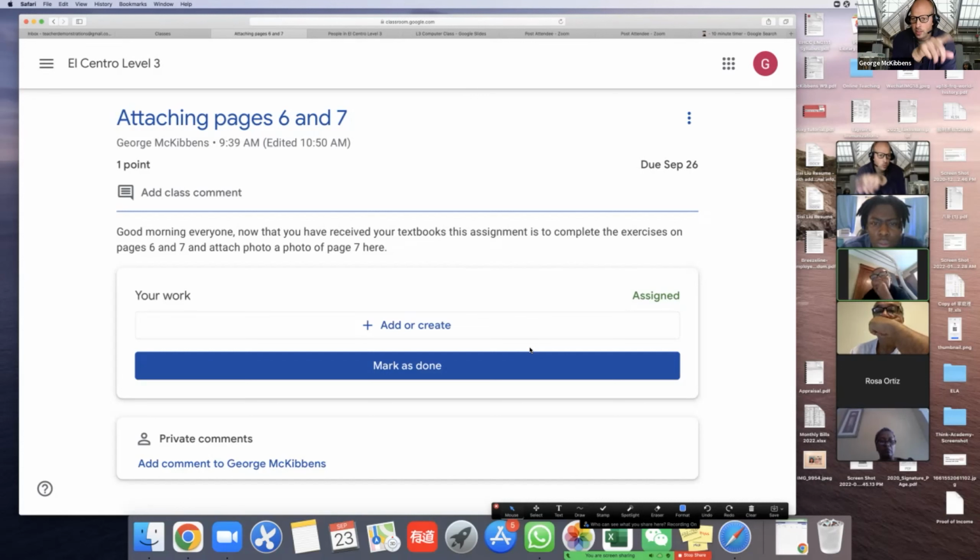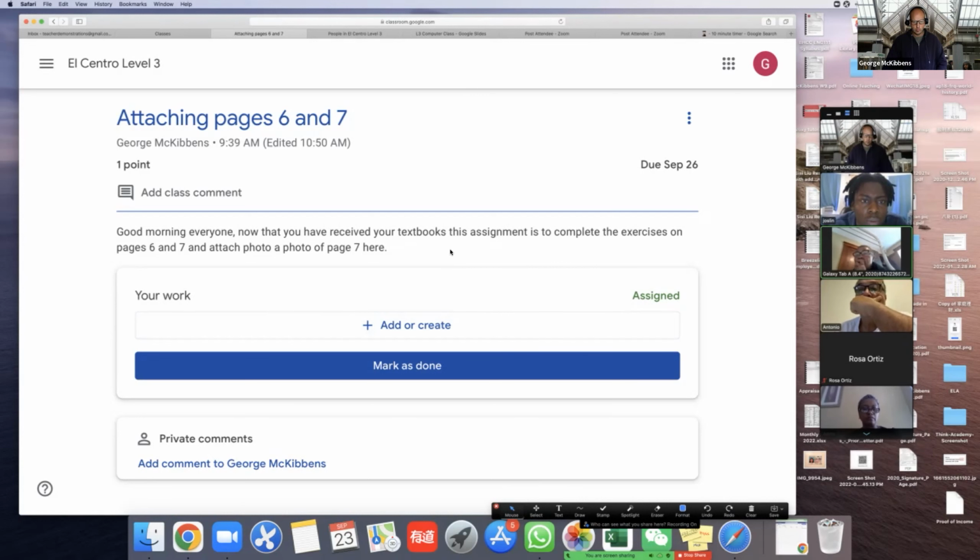What should I do after I see this? This is what your screen looks like. Now that you've received your textbook, this assignment is to complete the exercise on page 6 and 7 and attach a photo of page 7 here.